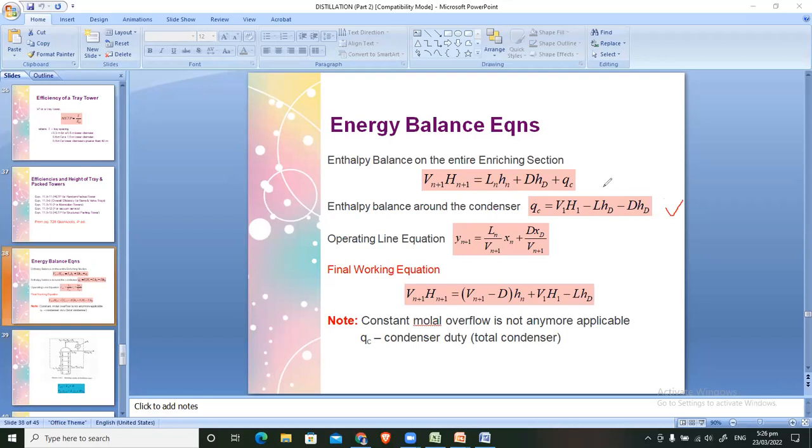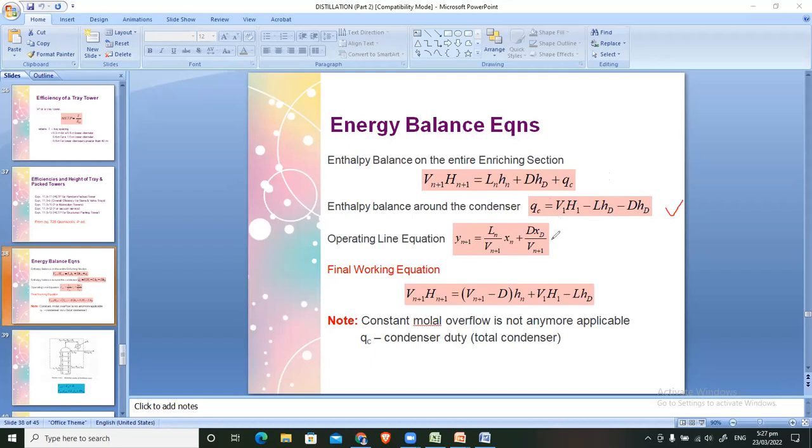So it needs the distillate, the reflux liquid, and the amount of the vapor that leaves the top plate. The V sub 1 can be solved using the equation in McCabe, because this one was taken from McCabe. So go to McCabe and check how you will use material balance to get the V sub 1. That way you can determine the condenser duty.